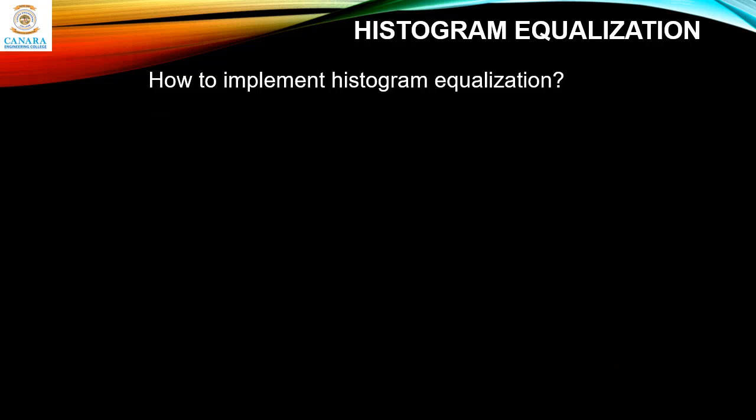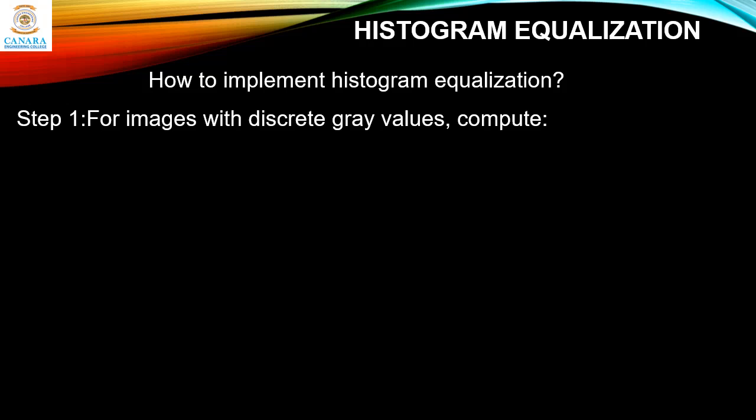Let's check how to implement histogram equalization when the problem is given. So step 1, for images with discrete values, we need to compute P in of Rk, which is equal to Nk by N. Rk varies from 0 to 1, and k varies from 0 to L minus 1.